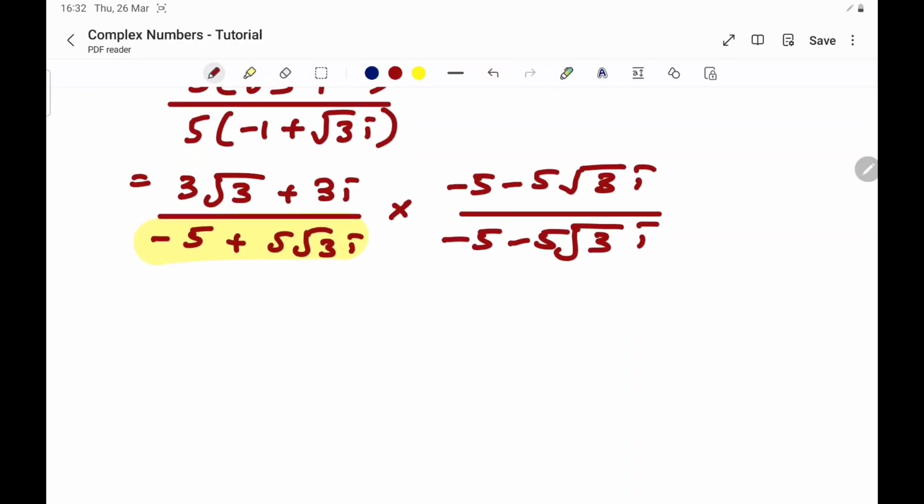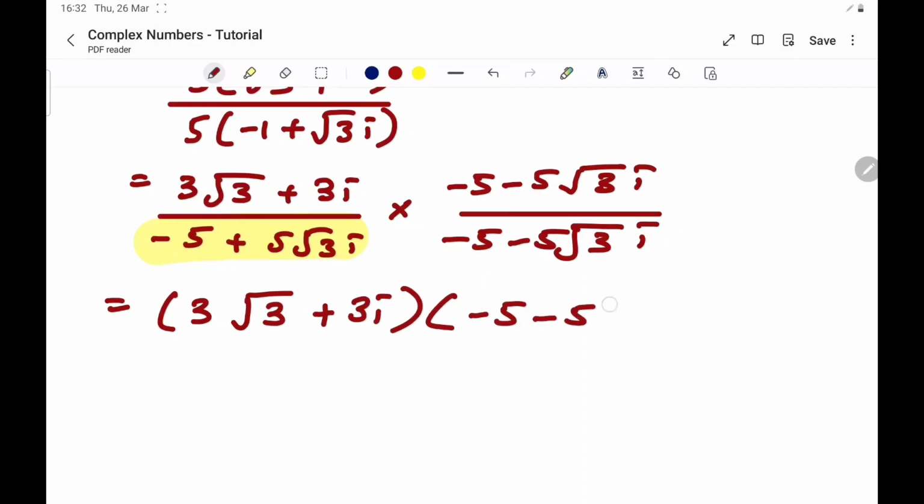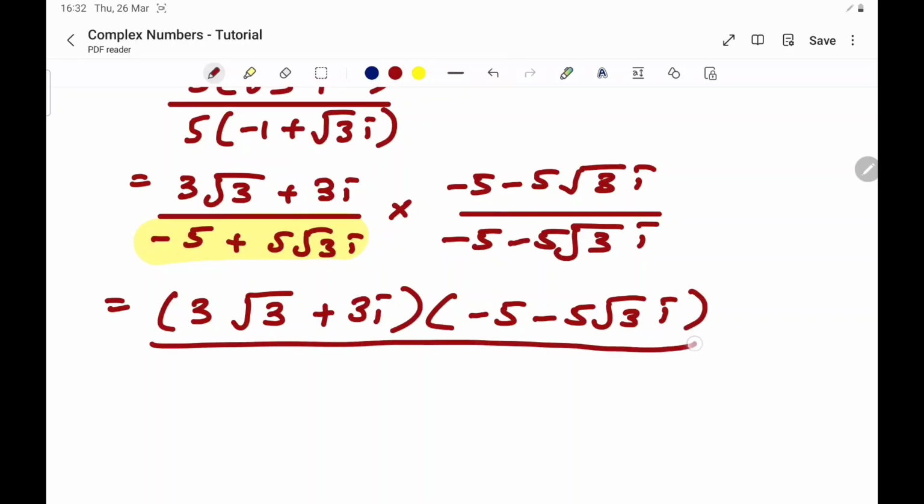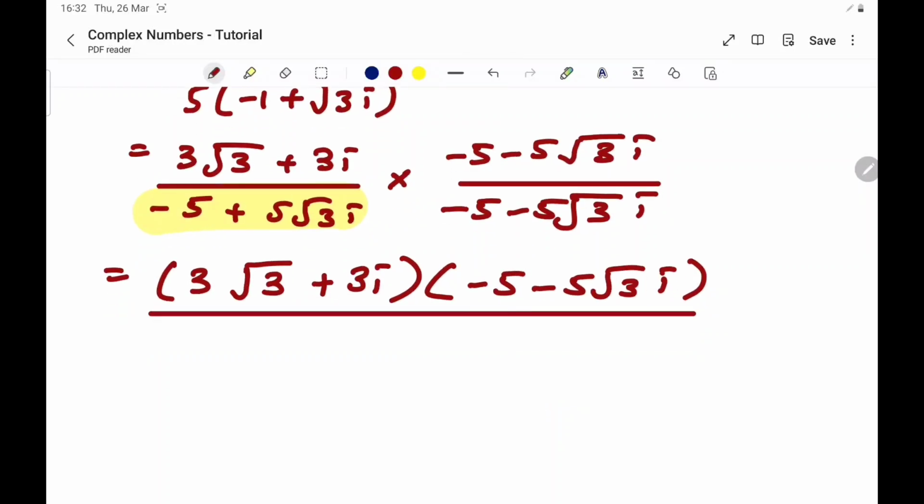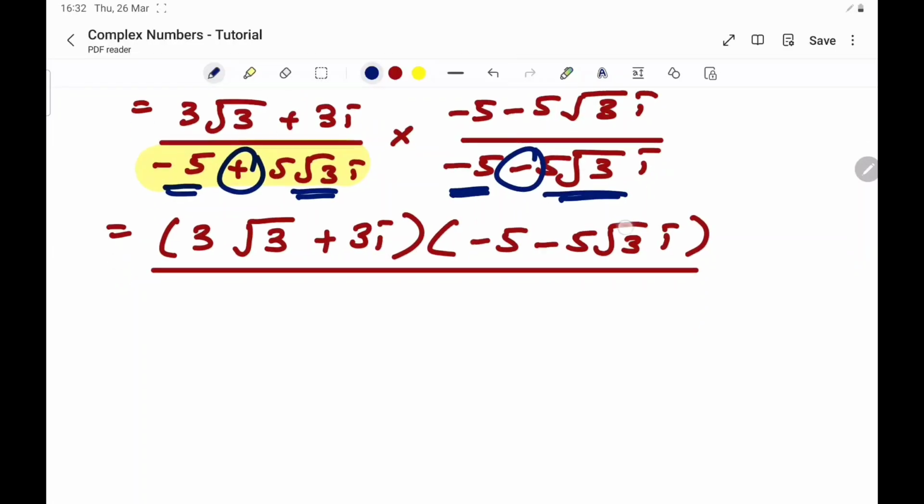How to expand them? Multiply terms by terms, just like how we did for quadratic equations last time. So you multiply negative 5 minus 5 square root 3i divided by this one. If you check here, it has positive and negative with the same term, so we can do it like this.